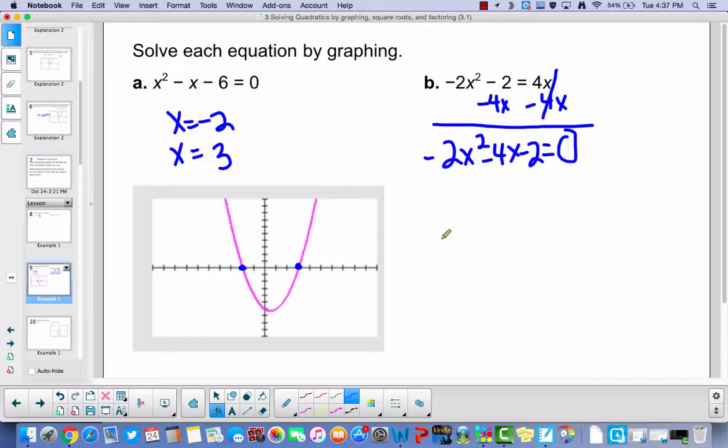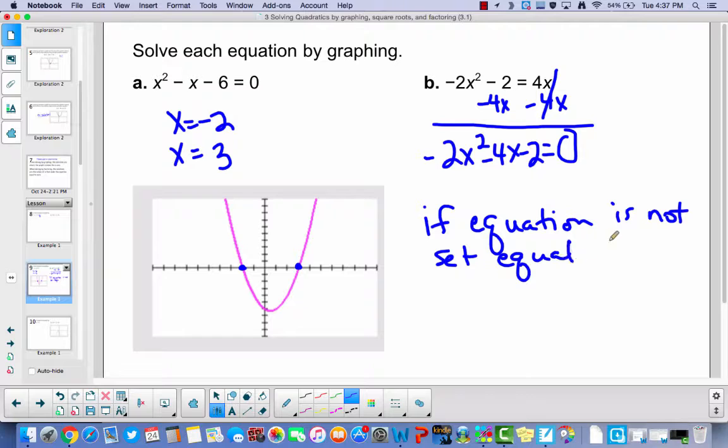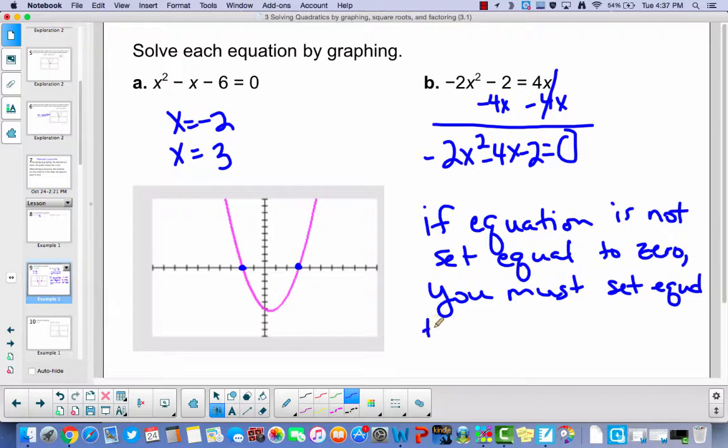So something you might want to put in your notes is if the equation is not set equal to 0, you must set it equal to 0 first.